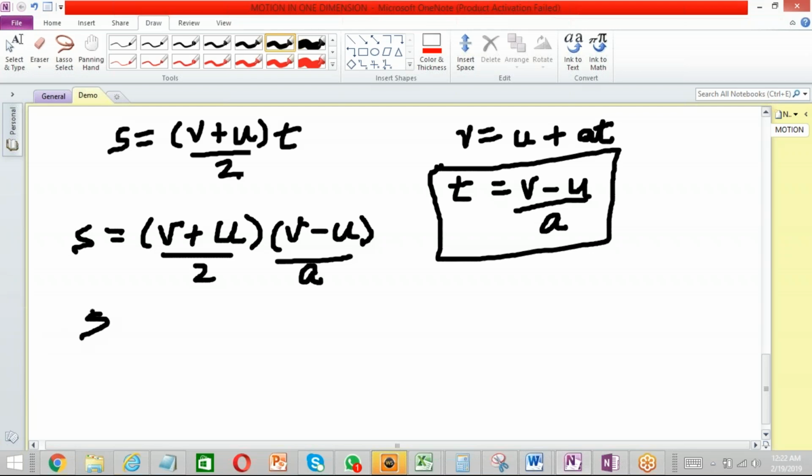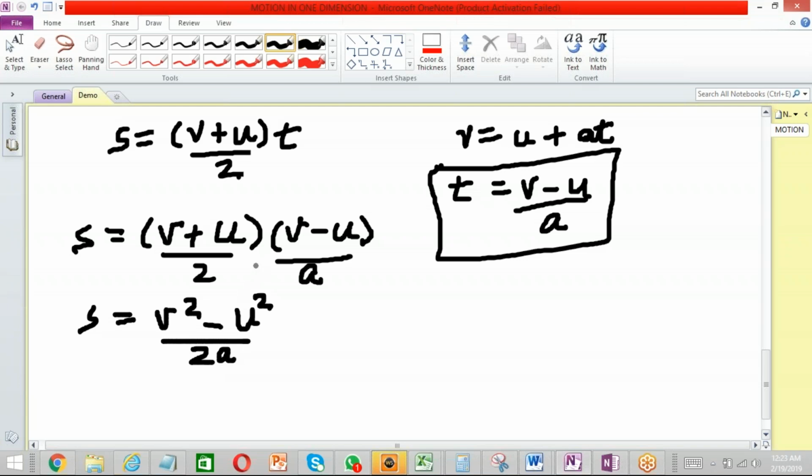Now the formula is v plus u, v minus u. You can recall from your factorization chapter that a plus b, a minus b is a square minus b square. So it should be v square minus u square upon 2a.